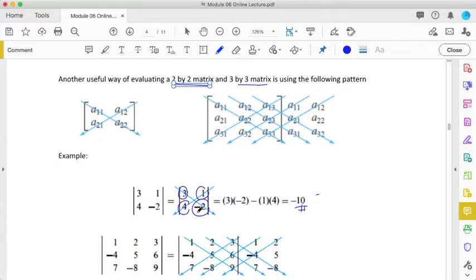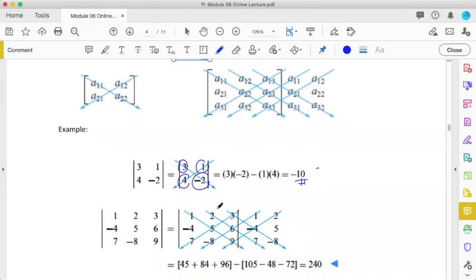But if you have a 3 by 3 matrix, what you can do is write back this 3 by 3 matrix, and then you go back to your first column, and write the first column again as column 4, and column 5 is taken from your column 2. In other words, you just copy the first two columns and put them on the right-hand side.